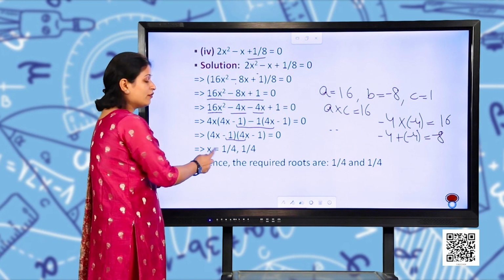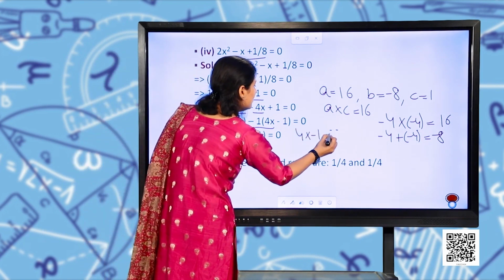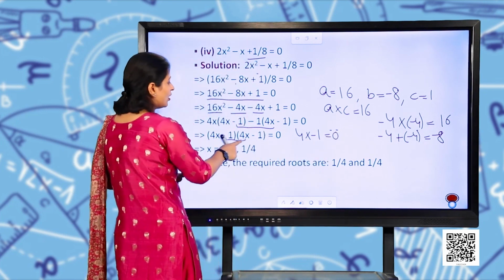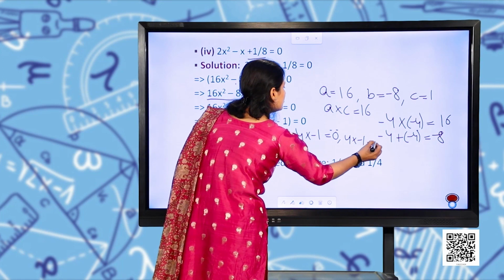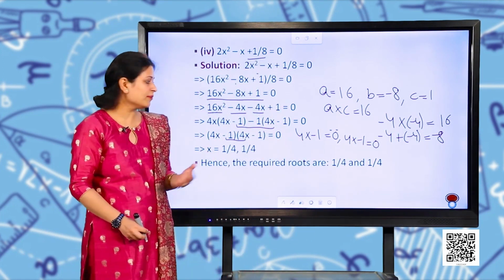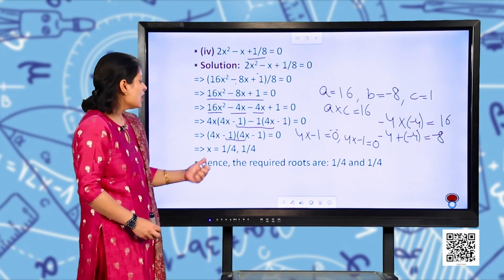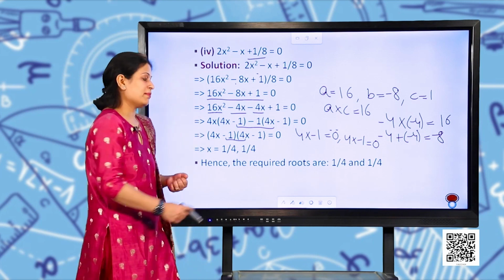So, how will you solve for x? You will put 4x minus 1 equals 0, and again 4x minus 1 equals 0. Solving for x, you will get x as 1 by 4 and 1 by 4. So, hence the required roots are 1 by 4 and 1 by 4.